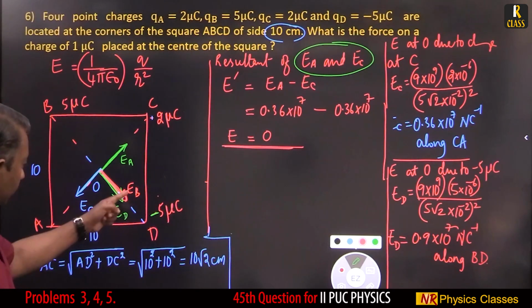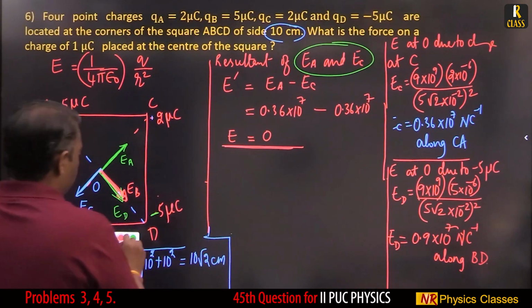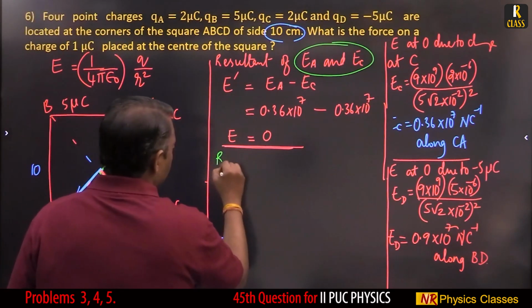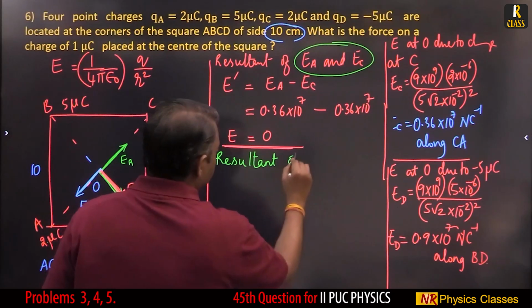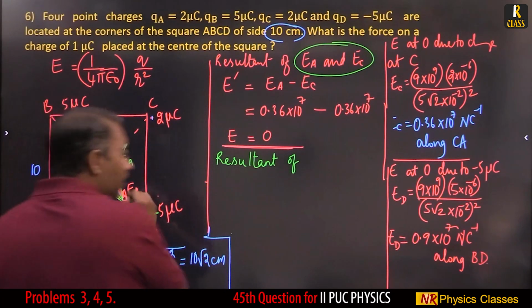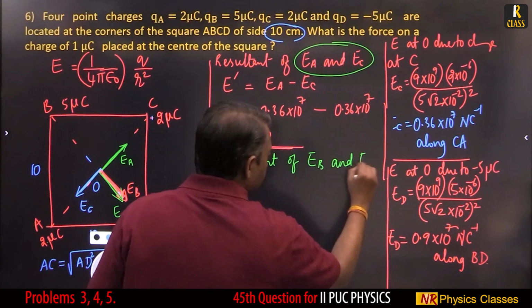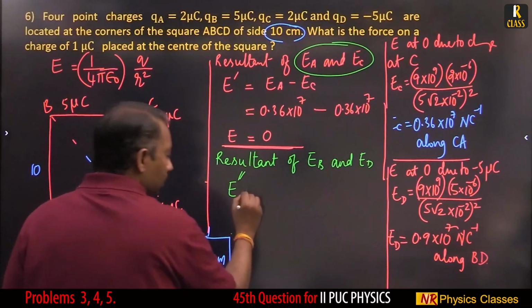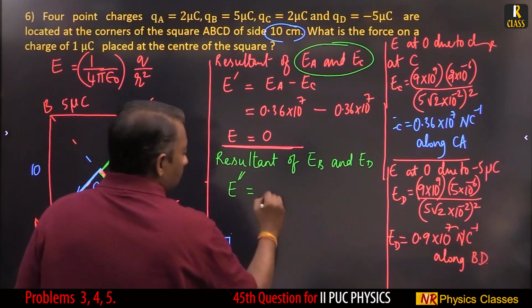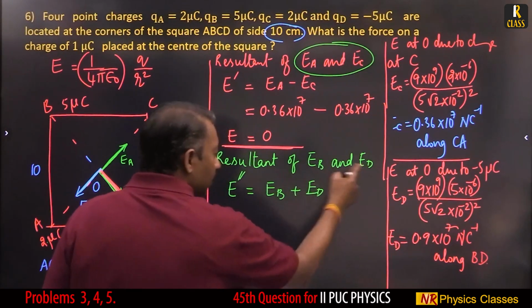Now the resultant of EB and ED. So E double dash equal to EB plus ED. Students, why is it EB plus ED?